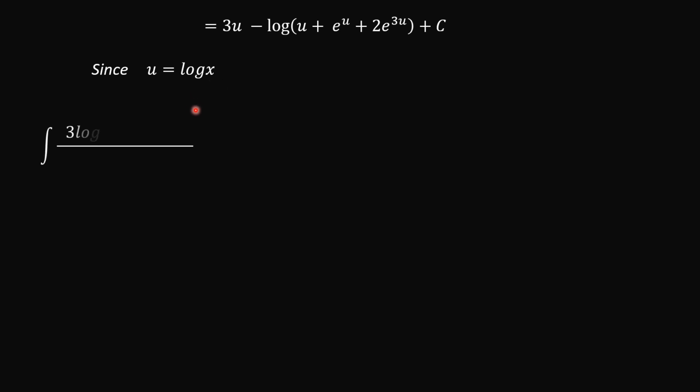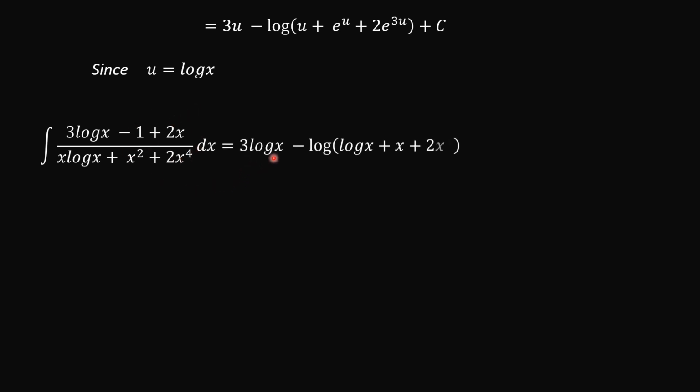So when we substitute for u in this answer, the integral of our original function is now 3 log x in place of u, minus log of (log x in place of u plus x). e to the power u is the same as e to the power log x, and e to the power log x is the same as x, plus 2 times e to the power 3u, which is the same as 2 times e to the power log x cubed, so it's 2 times x cubed, plus C. So this is the final answer.